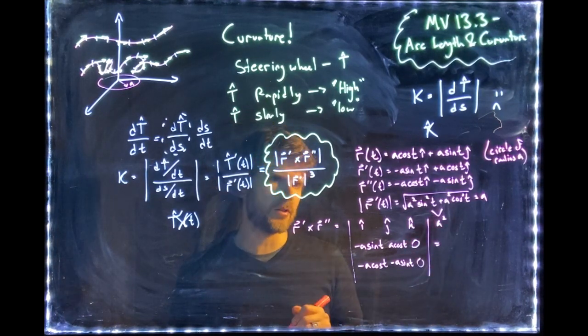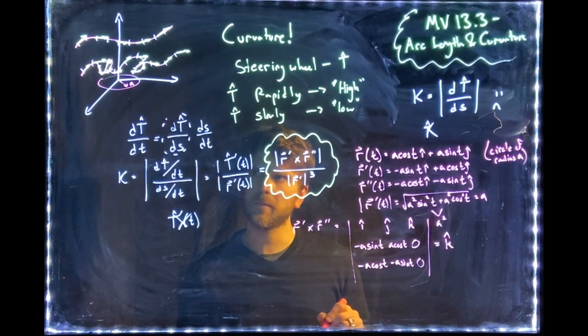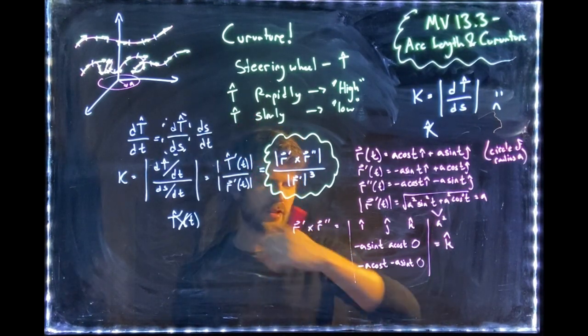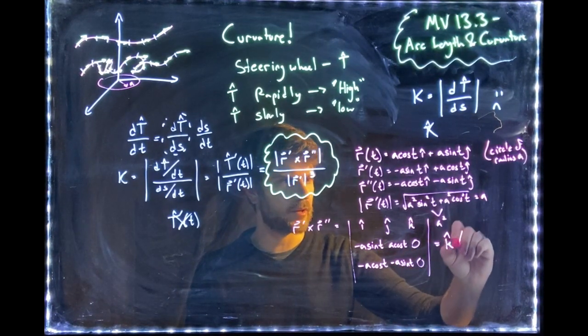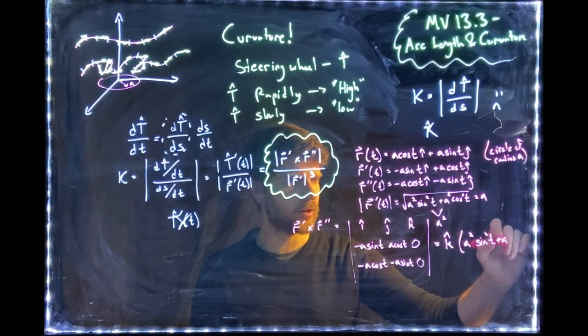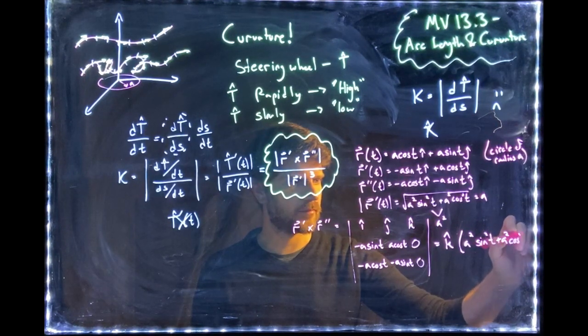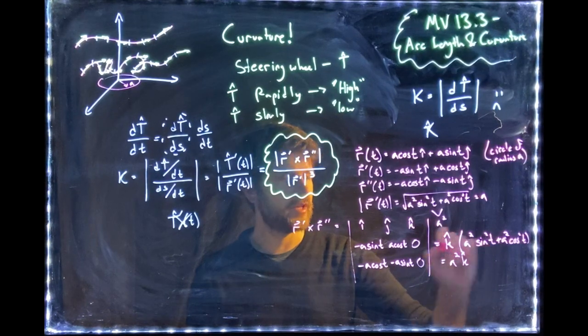Hopefully I can convince you, and you can work it out for yourself if you don't believe me, that there's only a k hat component to this cross product, which kind of makes sense because everything else lies in the xy plane. And this will give us a k hat component of a squared sine squared t plus a squared cosine squared t, or it's just a squared k hat.